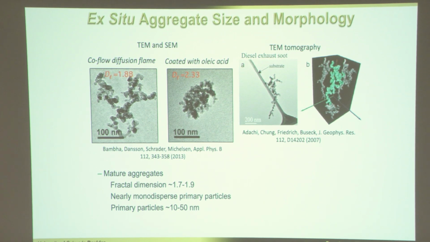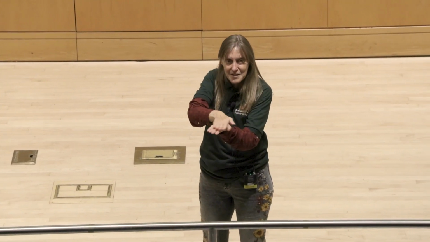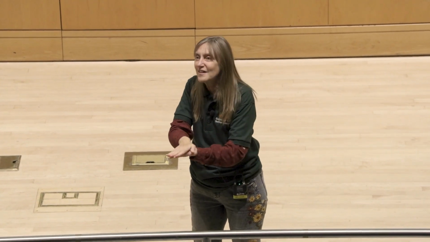And for aggregates on the size of 100 or so nanometers, it's a really great technique, just to do regular TEM, put it into the machine. This is a new, interesting technique where they do TEM tomography, where they're able to rotate the sample and get a 3D image of their aggregate. This is really cool because a lot of times we're trying to understand the structure, the morphology of these aggregates when they're sitting on the grid, and you just get basically an image, like you're looking through whatever has fallen onto the grid.